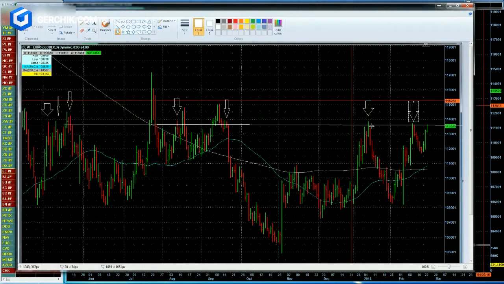Why? For one simple reason. What is the shadow? A big player, when he takes the position, can take the position only against the other player. What does it mean? A buyer can take the position against the seller, and a seller can take the position against the buyer. A big buyer, when he takes the position, has to build the position, and it's going to take time.